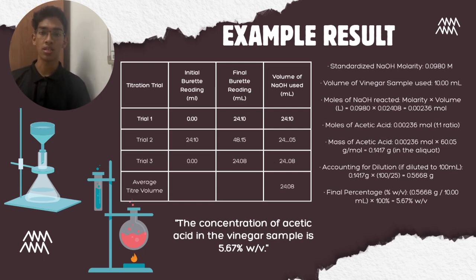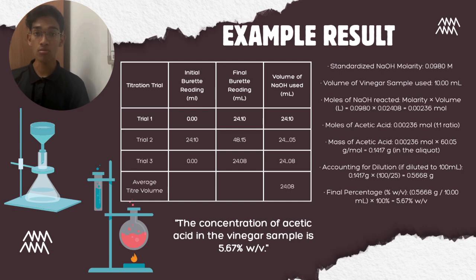Based on the calculation, the moles of sodium hydroxide that reacted were 0.0236 moles. Since the ratio is 1:1, the moles of acetic acid are also 0.0236 moles. After converting moles to mass using the molar mass of acetic acid, which is 16.05 grams per mole, and applying the dilution factor, we found the mass of acetic acid in the original sample to be 0.5668 grams.